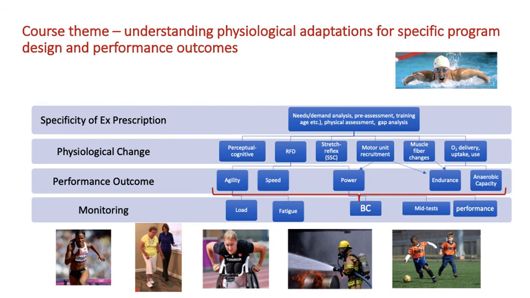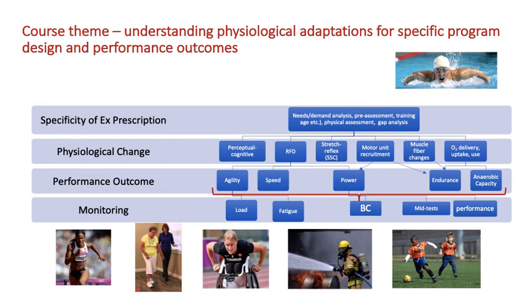And that specificity of exercise prescription drives the physiological change, whether it be the rate of force development, the stretch reflex, the stretch-shortening cycle, motor unit recruitment, muscle fiber changes. All of these are a function of your exercise prescription. Those physiological changes result in performance outcomes that we assess. We assess agility, speed, endurance, anaerobic capacity.